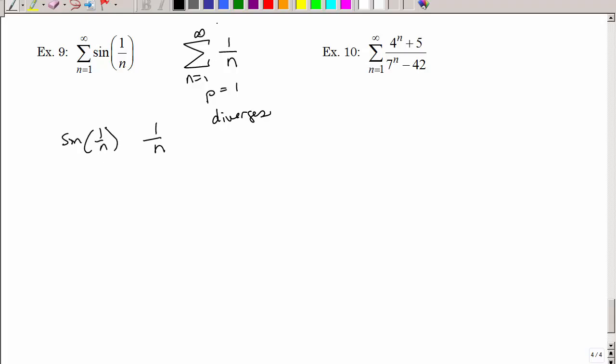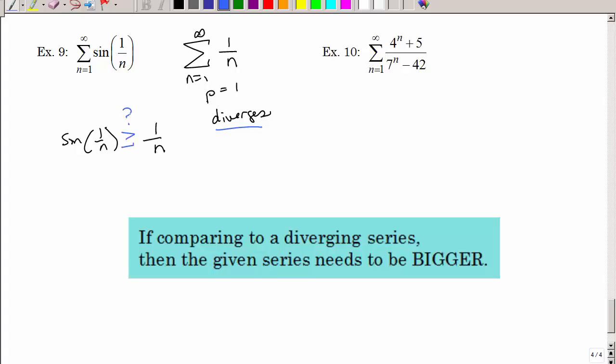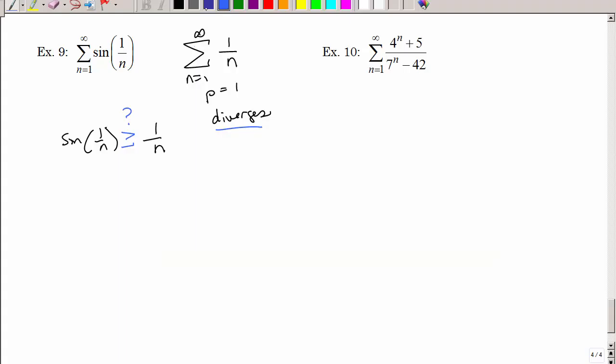Again, what I've chosen goes on the right, what I'm given goes on the left, and if this diverges, I've got to show that that is true. Well, if I cross multiply, I would get n times the sine of 1 over n. Is that greater than or equal to 1?